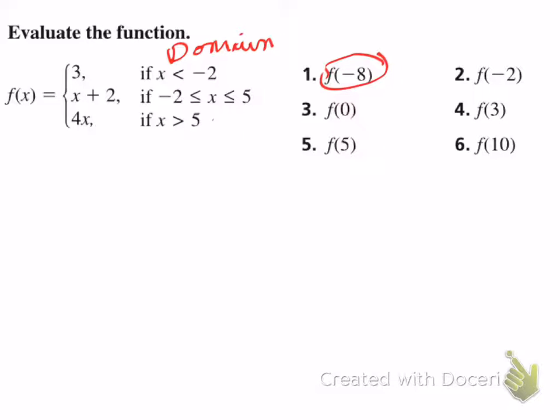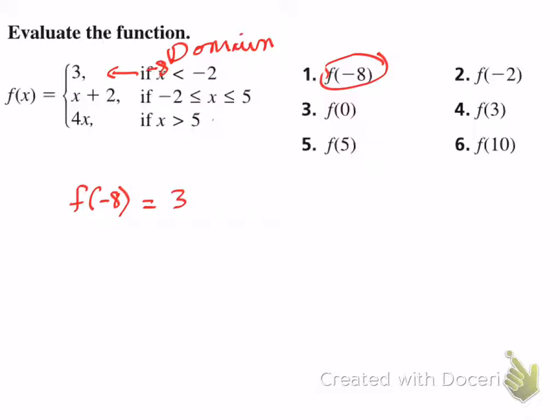Where negative 8 will make a true statement. There's two. If I put negative 8 here, is that a true statement? No. Okay, if I put negative 8 here, is this a true statement? So that's the equation I use. Do you understand? So I say the f of negative 8 equals 3. Is there anything I have to do?